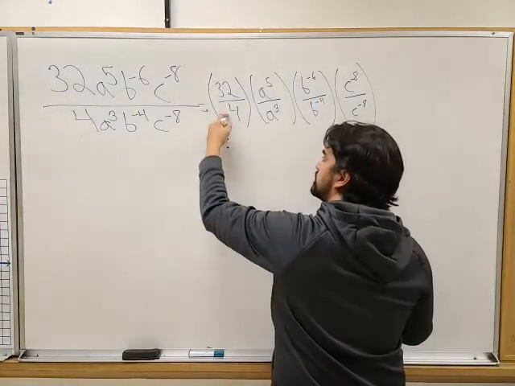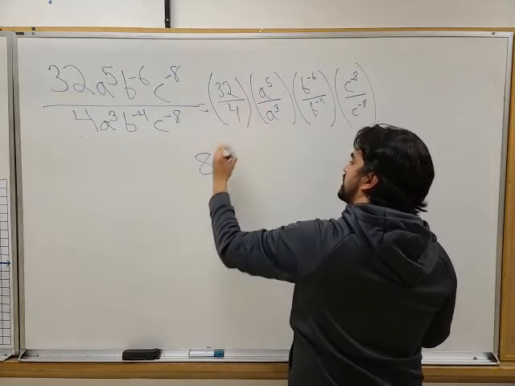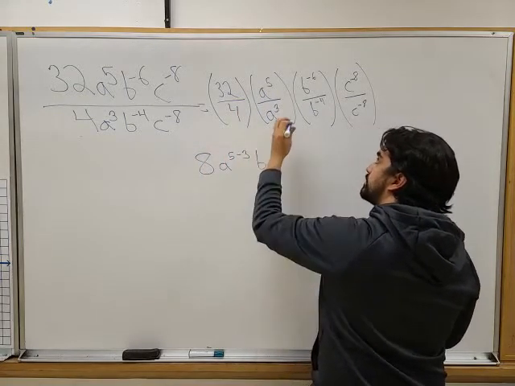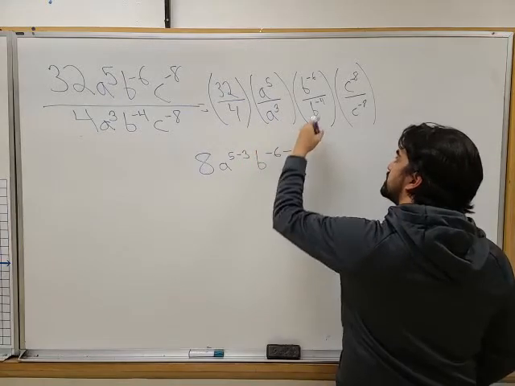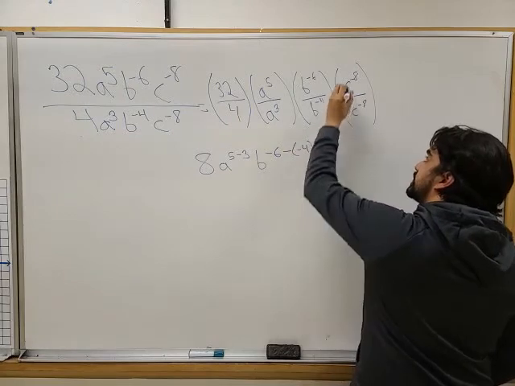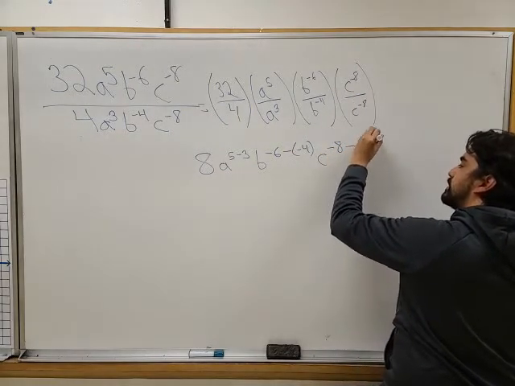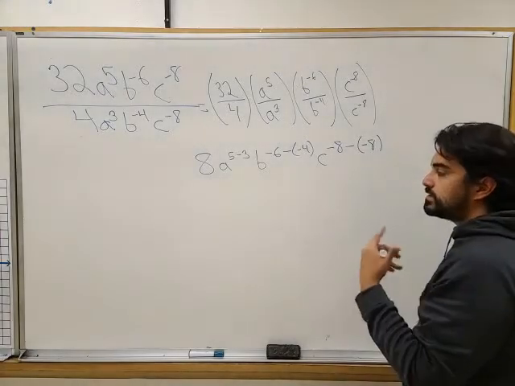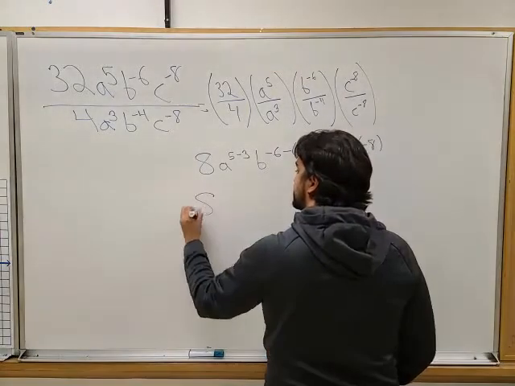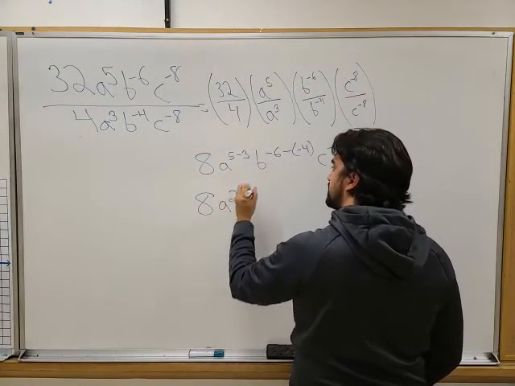We have 32 divided by 4 is 8. a to the power of 5 minus 3, b to the power of negative 6 minus negative 4, c to the power of negative 8 minus negative 8. Now, let's do the exponents. So we have 8, a to the power of 5 minus 3 is 2.